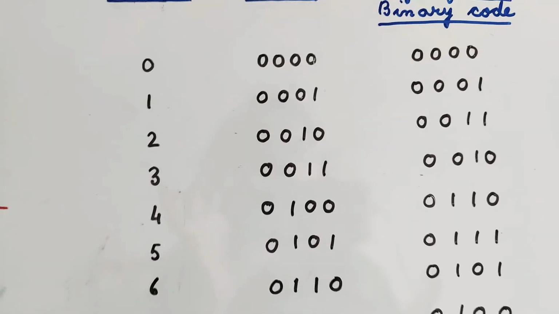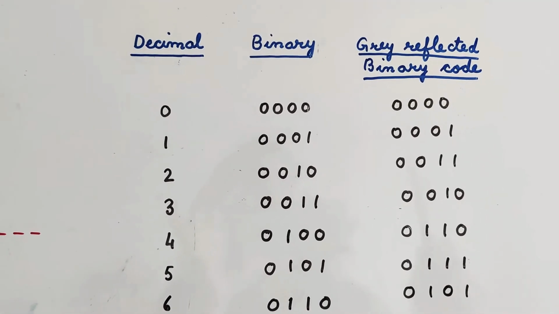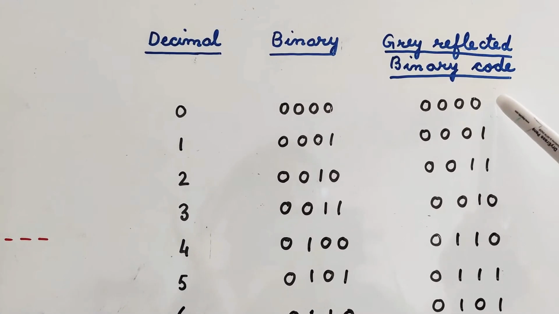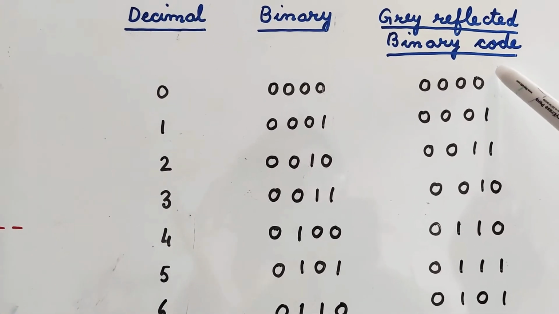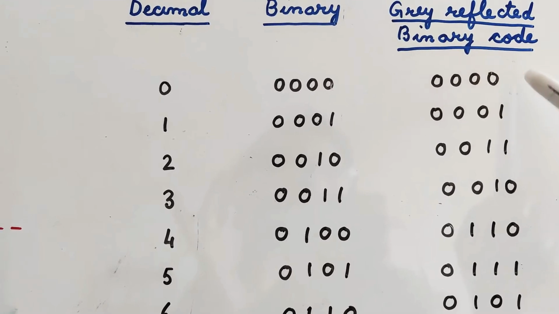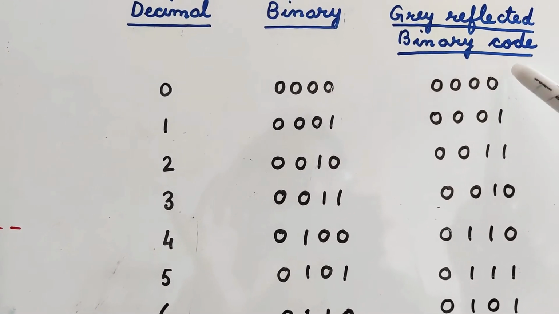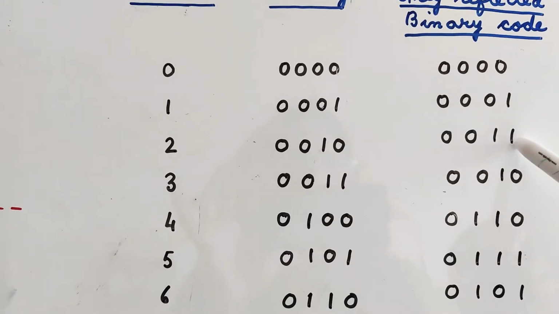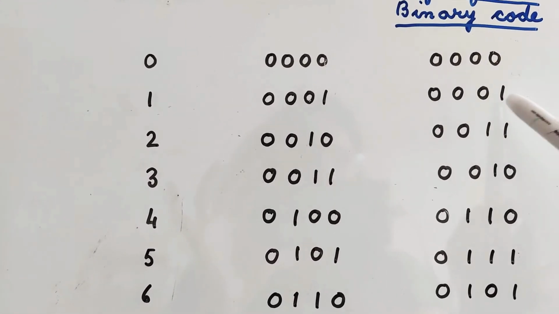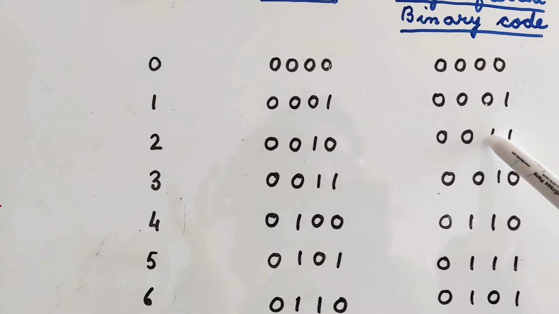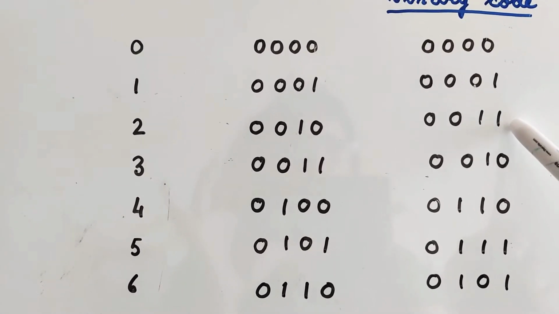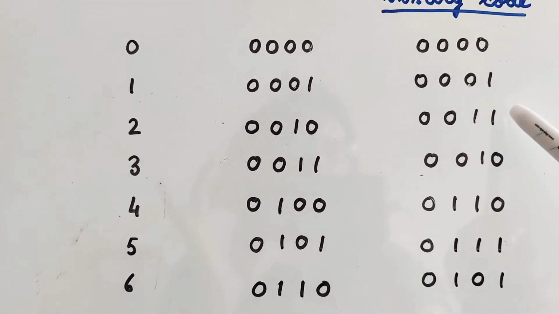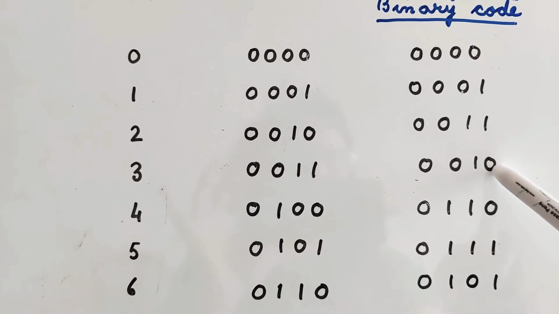But if we see the same thing in case of gray reflected binary code, we find that when we move on from the first number to the second number, there is a change in only 1 bit. Similarly, if we move from this number to this number, we find that again there is a change in only 1 bit. Similarly, if we move from here to here, we find that again only the last bit has changed.